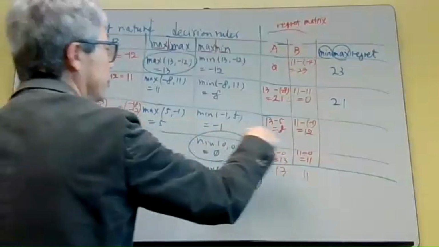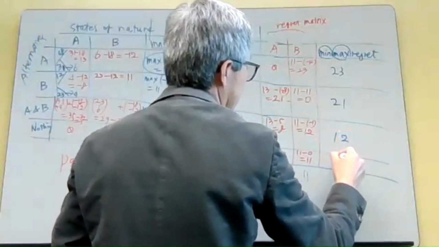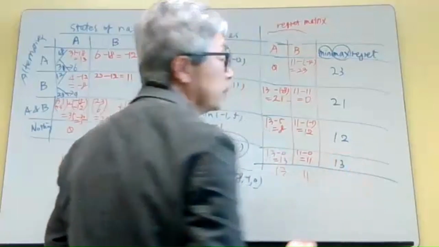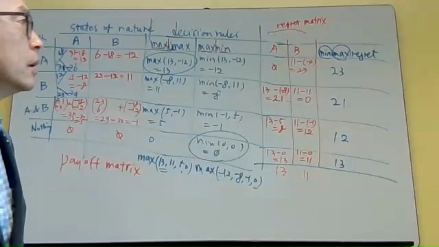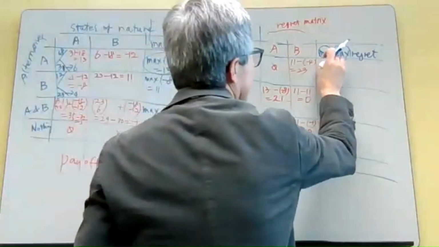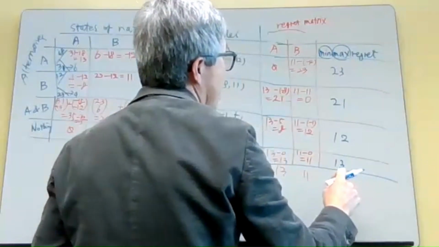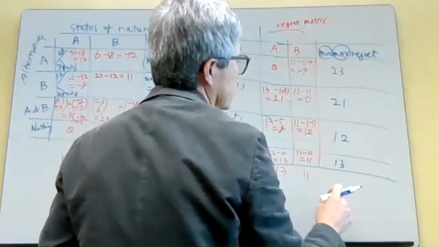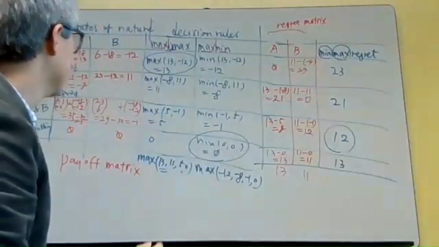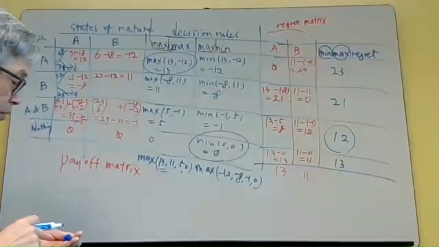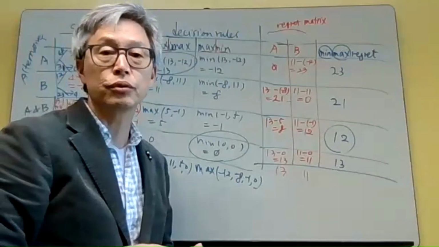The maximum regret of alternative A and B will be 12. And here is 13. So we try to minimize the maximum regret. So what is the minimum regret out of these 4 cells? That's 12. So we're going to buy both parcels with this decision rule.